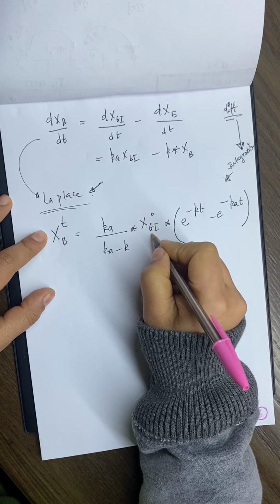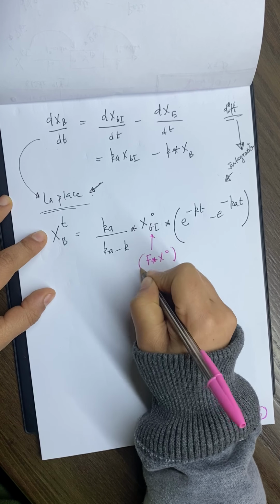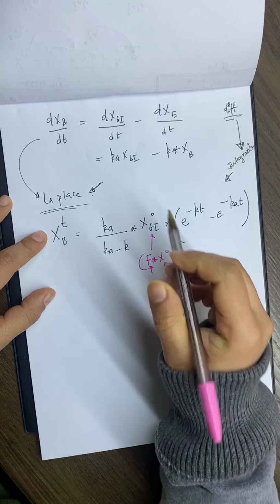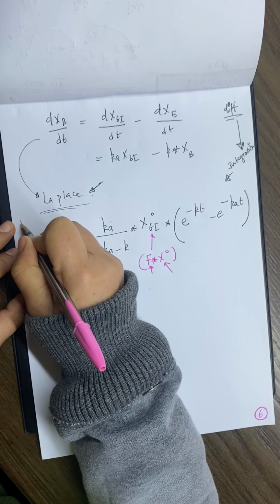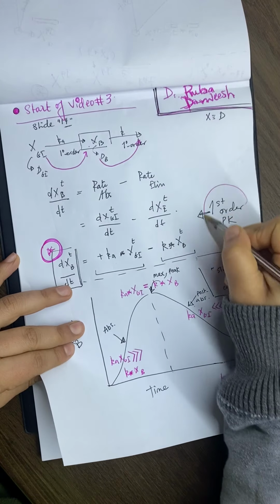Again, this will be equal to this fraction: the drug bioavailable, the dose, and the first order rate constant. To have this equation by default, we started with first order kinetics, right?